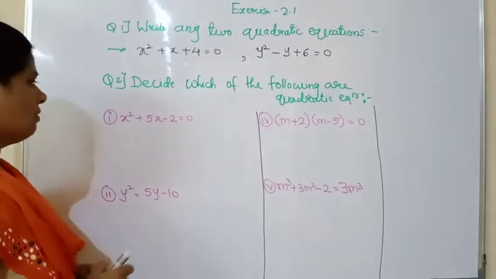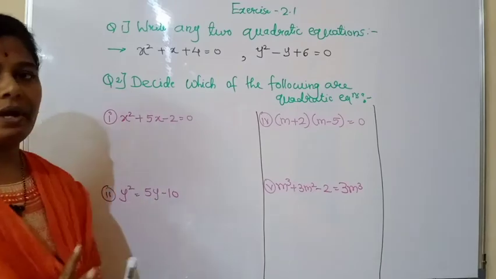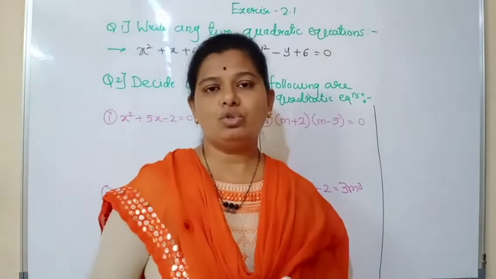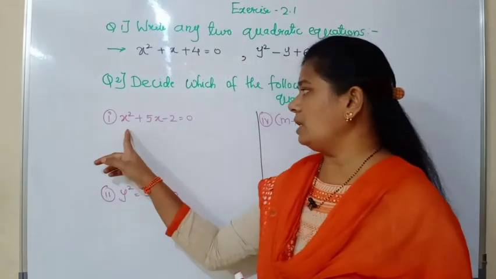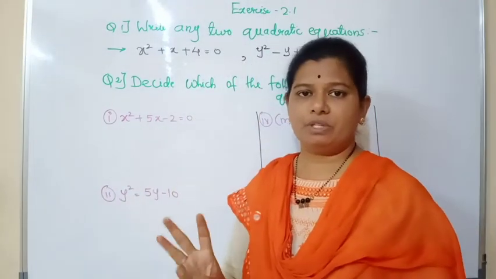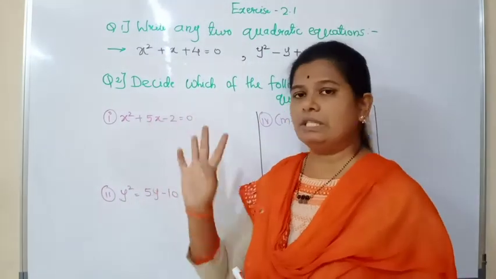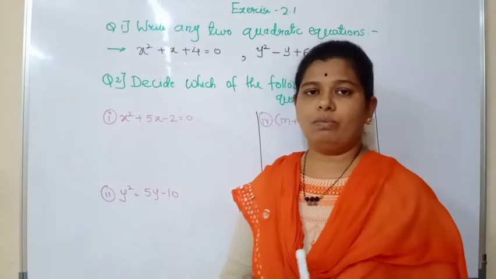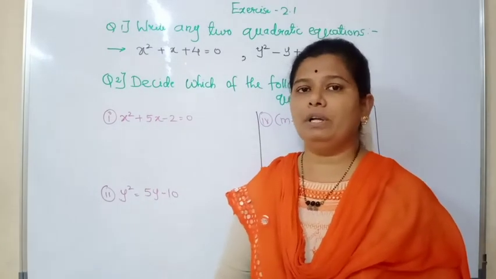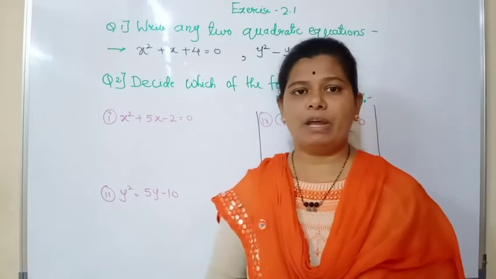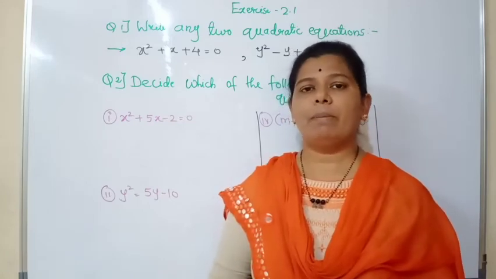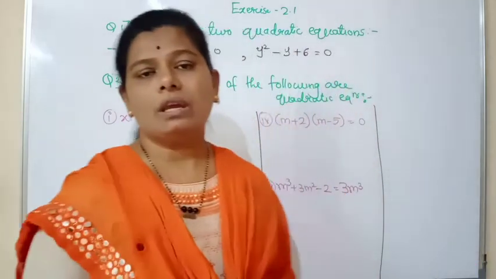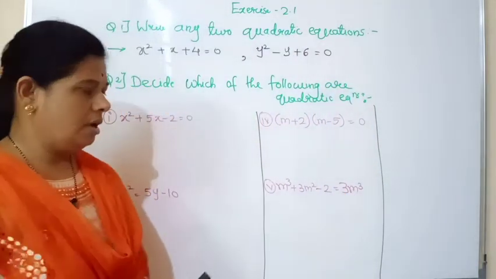See, the first equation is x square plus 5x minus 2 equal to 0. In this equation what we are able to see is, first, there is one variable. Second, its degree is also 2. So both the conditions are fulfilled: the equation is in one variable with degree 2. So this given equation is a quadratic equation.